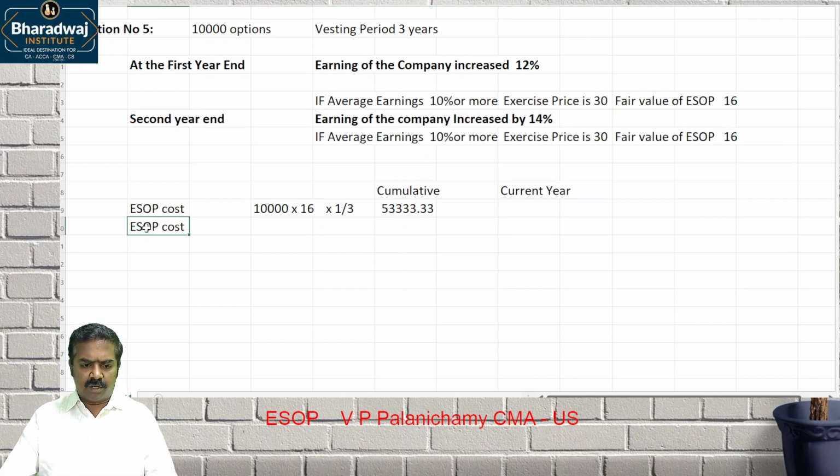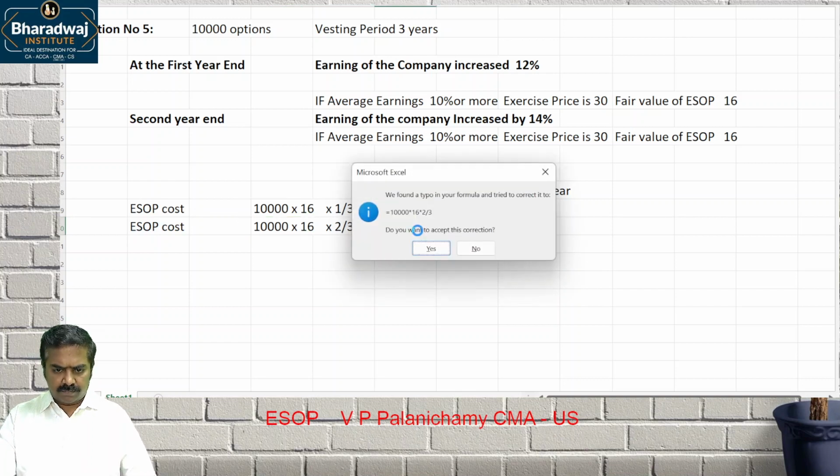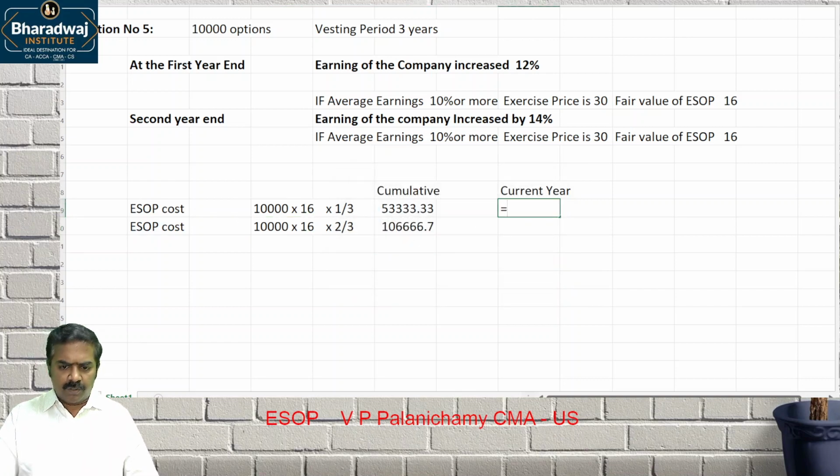So second year also, ESOP cost will be 10,000 into 16 into cumulatively 2 by 3. First year you will recognize this much. Second year, cumulative amount minus the first year amount.